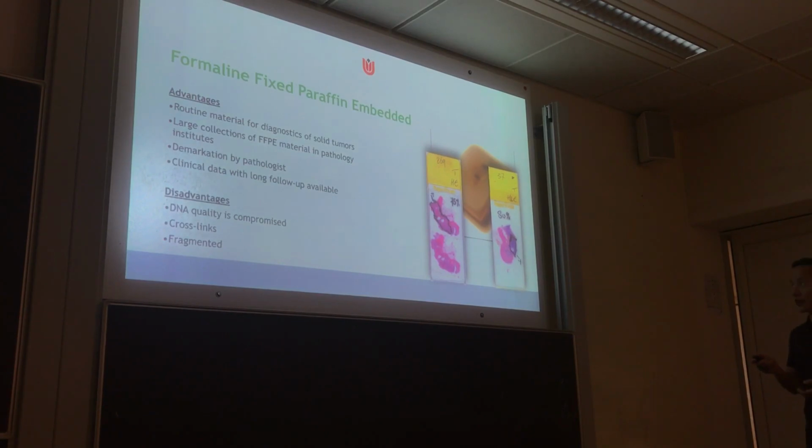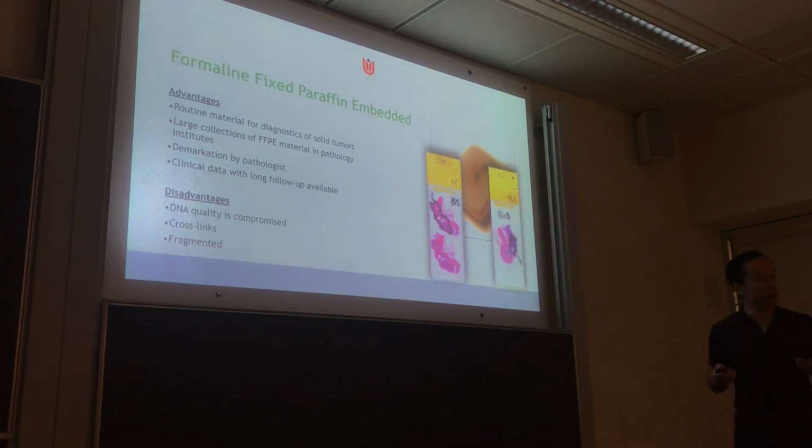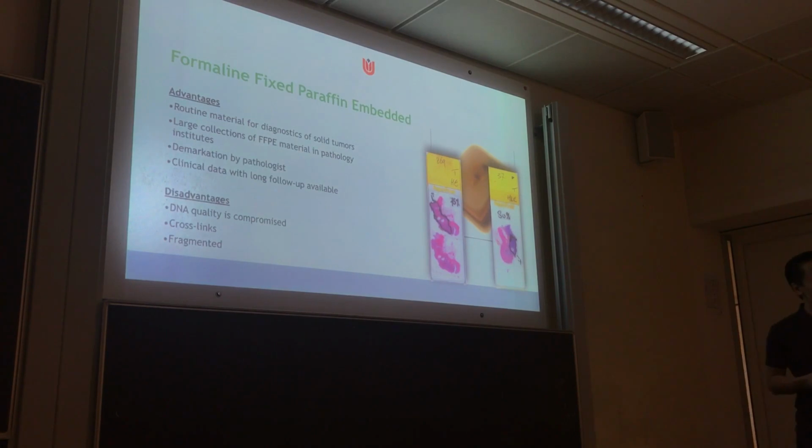What they can then do is actually demarcate the cells which they find interesting, or they find being of tumor origin. And what we can then do is we can actually scrape off these cells which have been demarcated by a pathologist to do further molecular analysis on.